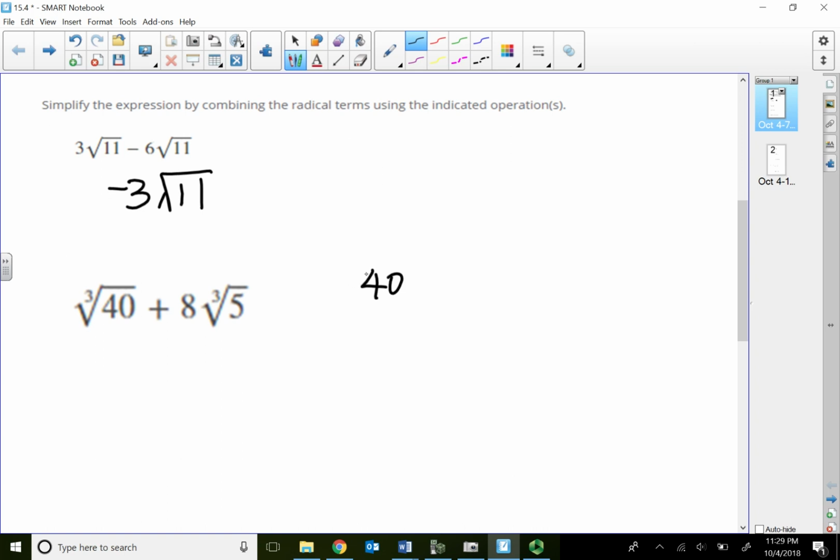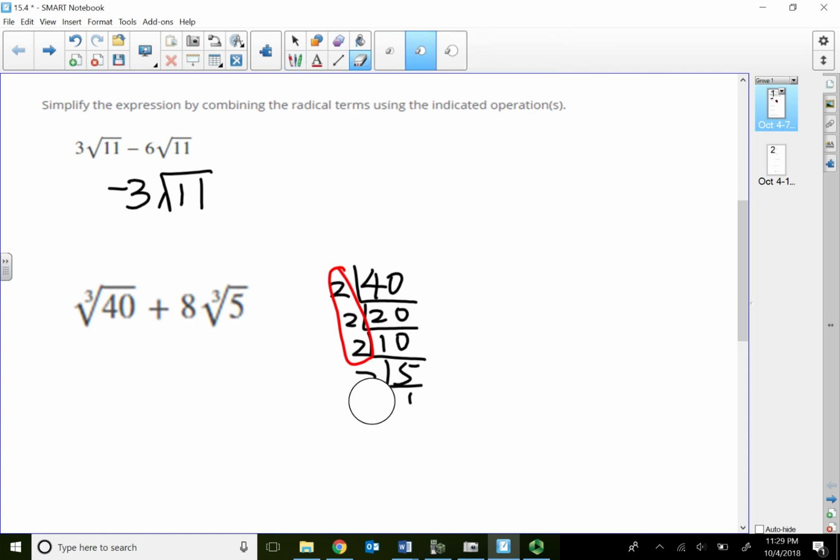So let's break down 40. I'm going to use prime number 2: 2 goes into 40 20 times. 2 goes into 20 10 times. And I know 10 is made up of 2 and 5. Since I'm dealing with cube roots, I'm looking for 3 of the same number to go outside. This will be a 5 right here.